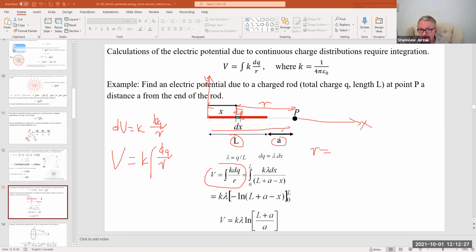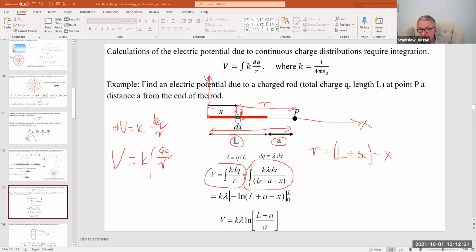This is L plus a, minus x. So R is equal to L plus a minus x. So if you substitute this for R, then you get this integral to evaluate.